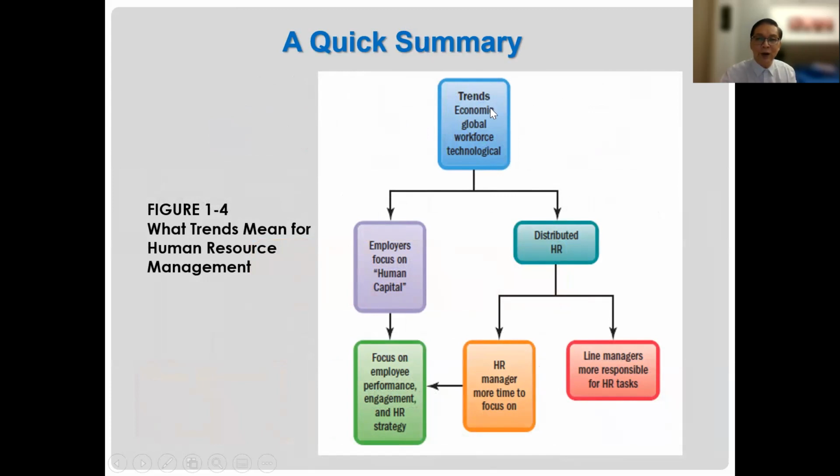So we look at the trends of human resource management. We are looking into what I call a distributed HR, whereby you are going to let the line managers spend more time on HR tasks with their immediate employees. And the HR manager may be focusing together with top management on the strategies for the organization.